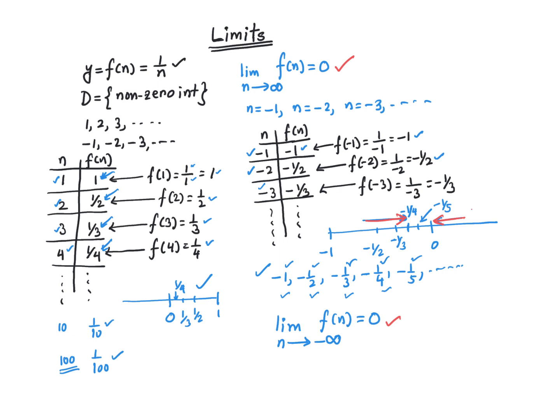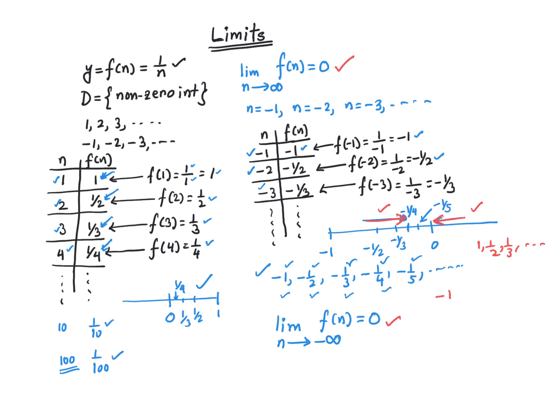In the first case, as it approaches from the right hand side, the sequence of numbers 1, 1 half, 1/3, etc., is getting smaller, smaller, and smaller, and ultimately approaching 0. On the other hand, as n approaches negative infinity, the sequence of numbers that's getting closer and closer to 0 is increasing.